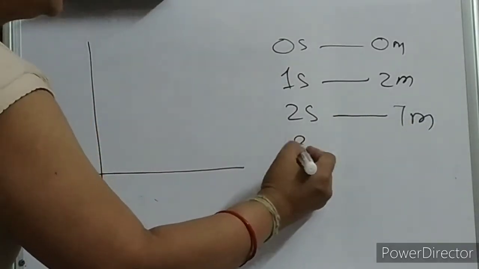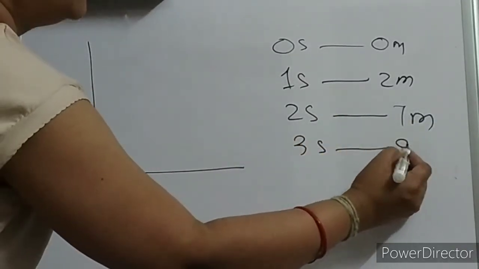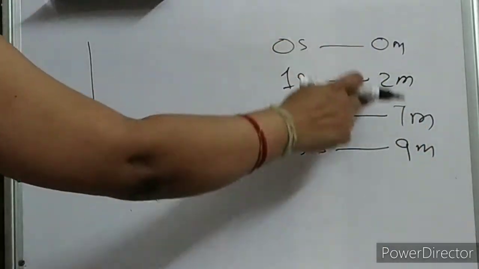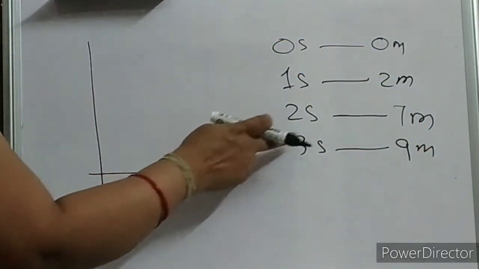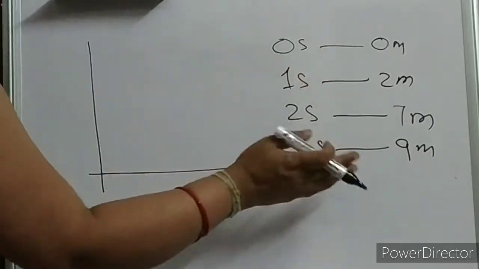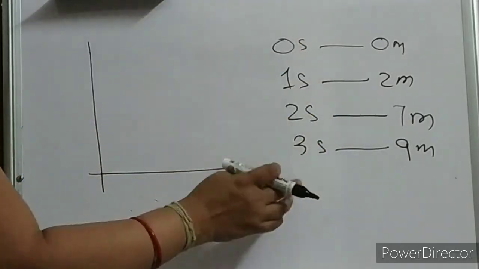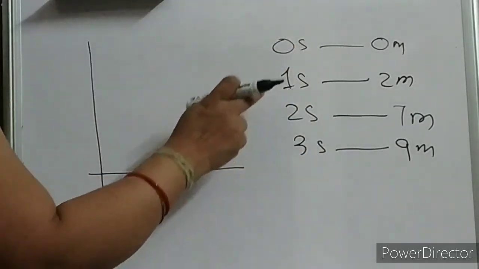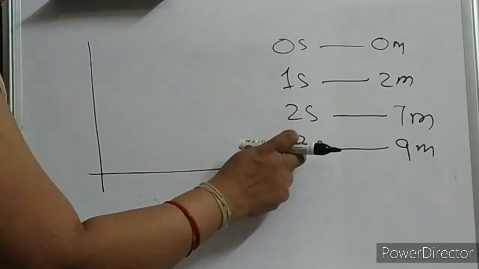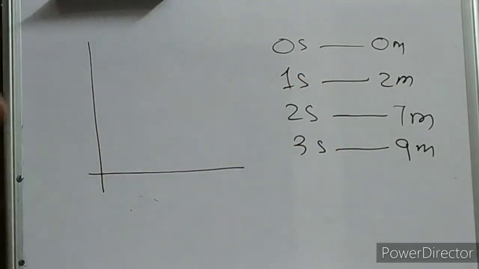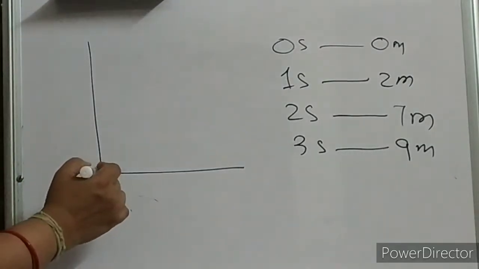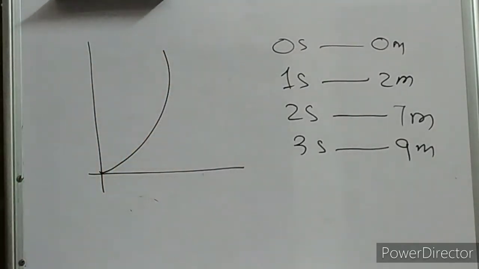At 3 second it has covered 9 meter. So, in equal intervals of time, are the distances or displacements covered by your object equal? Obviously not. So in this case you will get a curve.